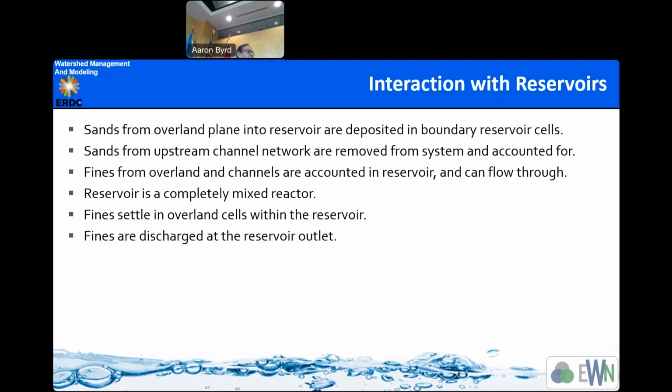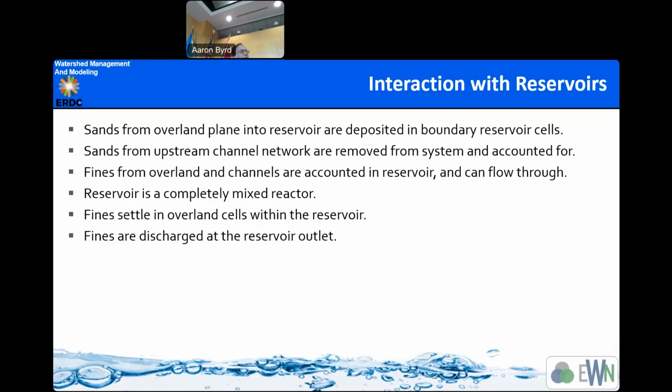In the reservoir, all the bigger size sediment, the sands, settle down completely, but the fines are mixed uniformly throughout the reservoir. That's the mechanism we use. All the inputs are uniformly distributed within the reservoir.